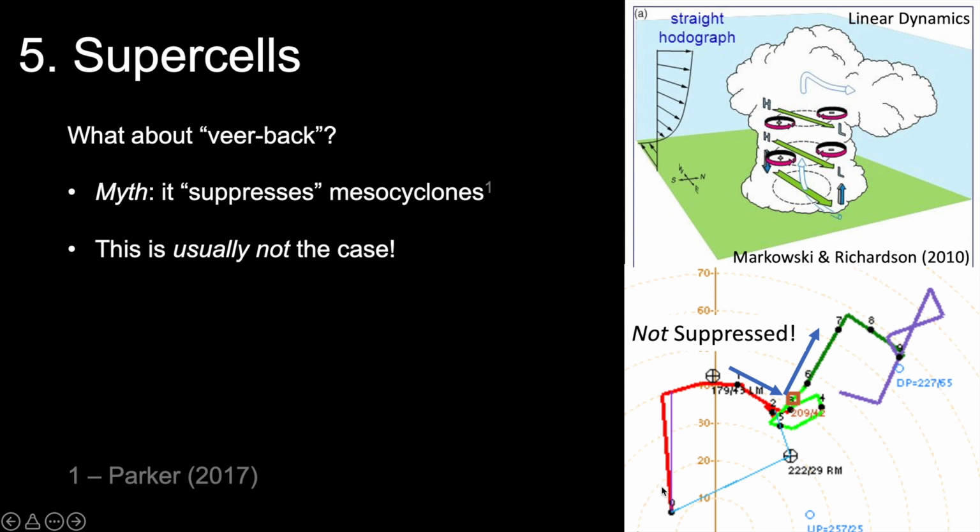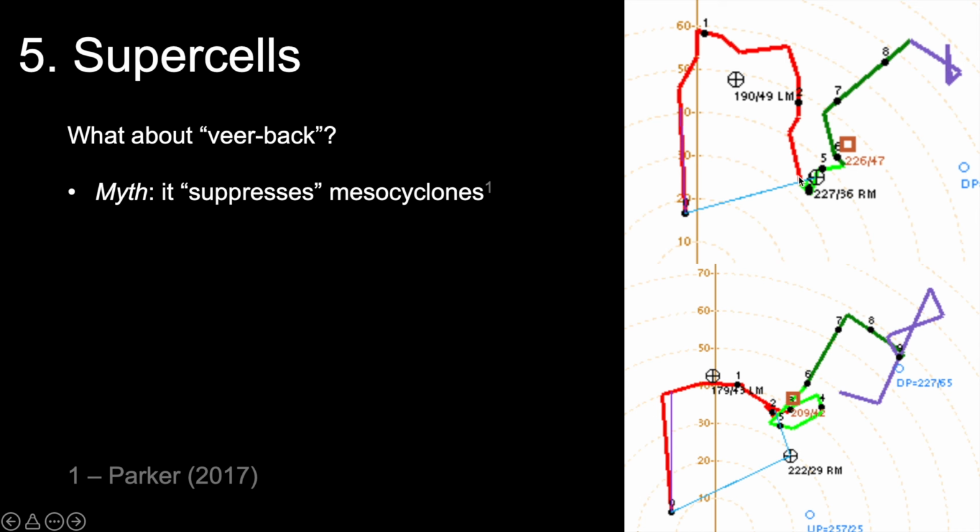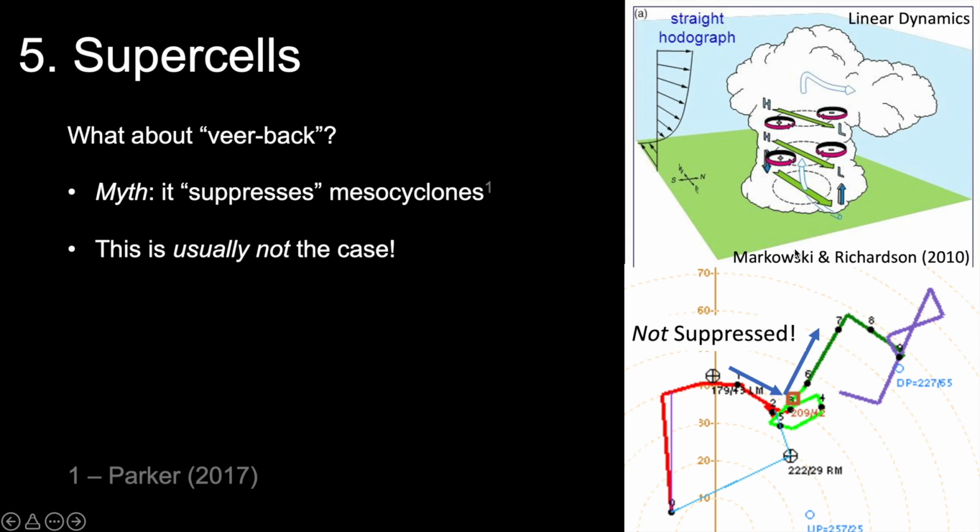We also have to consider we might have an intense amount of SRH here near the ground. We might have extreme buoyancy. We might have all these things that outweigh the subtle impacts of these linear dynamics suppressing these mesocyclones. We also have to consider cases where most of this backing is aloft, which especially is not going to have that much of an impact on the mesocyclone itself, and cases where we just have, in this case, less than a 90-degree angle.